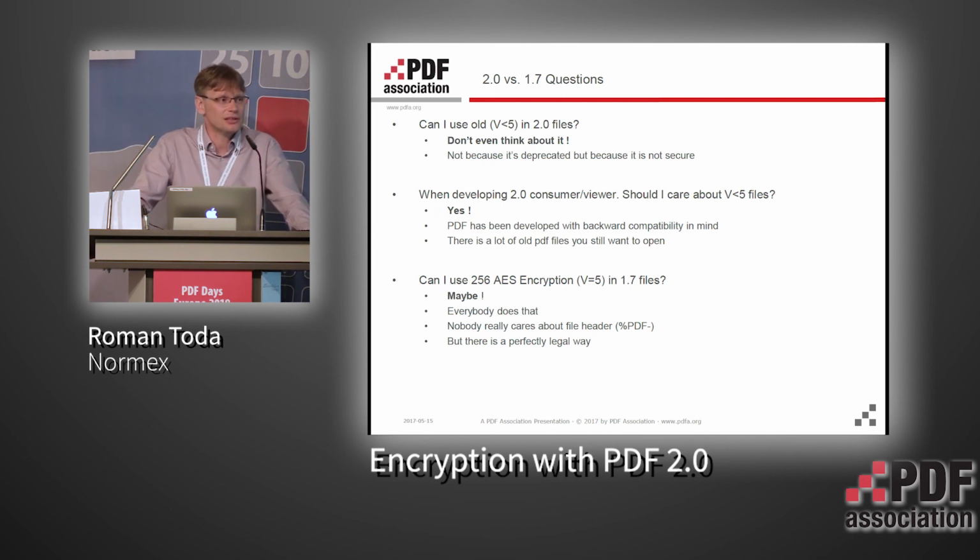The thing is, everybody does that. There is a historical reason why people were implementing that. I will speak about that a little later, on the next slide. So everybody uses the AES 256-bit encryption in 1.7 files as well. But there is a perfectly legal way to do that, and I will explain that to you now.